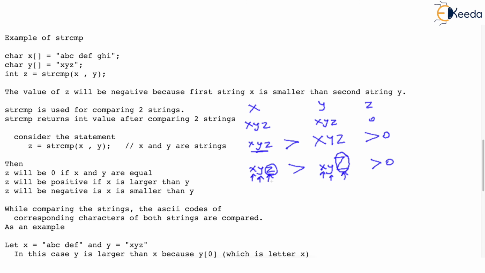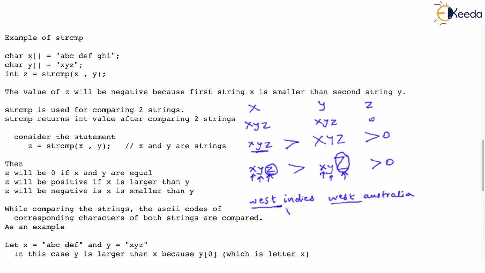Okay, what about this? Just try this. Suppose I have a string called West Indies, and Y is West Australia. Just check this. These two strings are getting compared. Now, first 5 letters up to space will exactly match here.